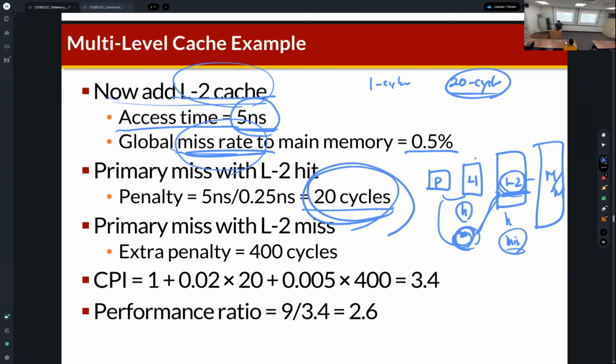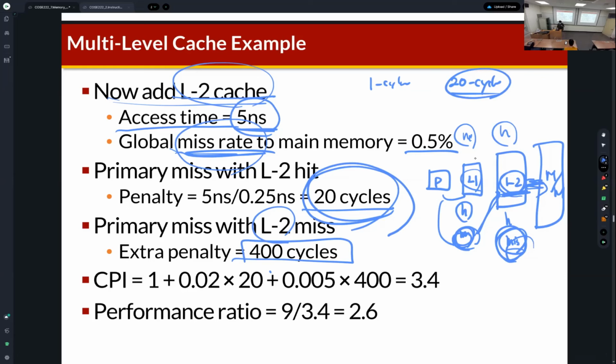This is the miss penalty for L1, but it represents a miss in L1 and a hit in L2. Then for an L2 miss, the miss penalty from L2 is 400 cycles, because the request needs to access main memory.